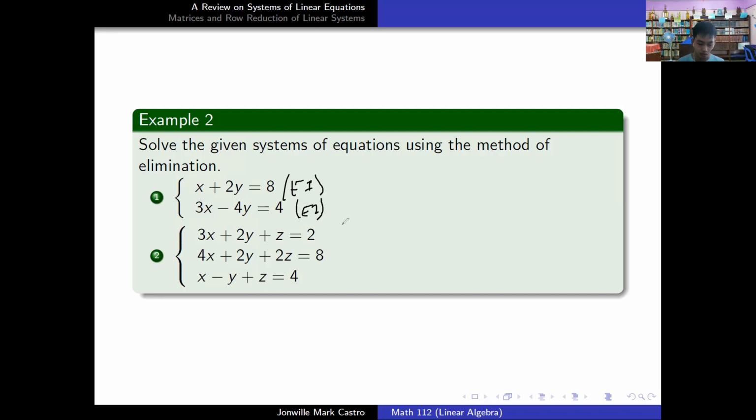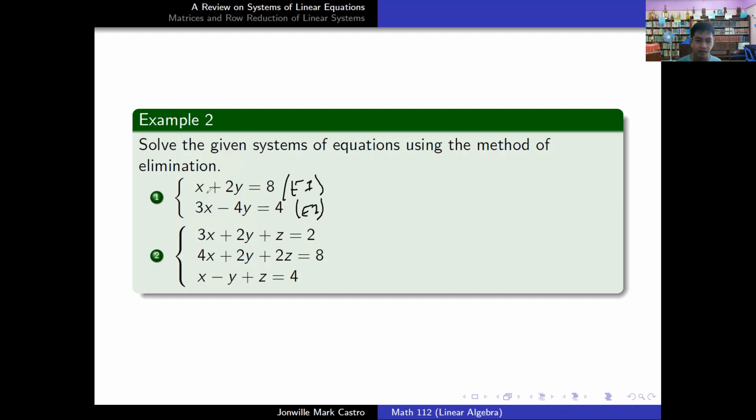E1 and E2. So first, ang gagawin natin is we want to eliminate one of the variables to solve for the other. Okay? So ang gagawin natin, suppose we want to eliminate x, then solve for y.